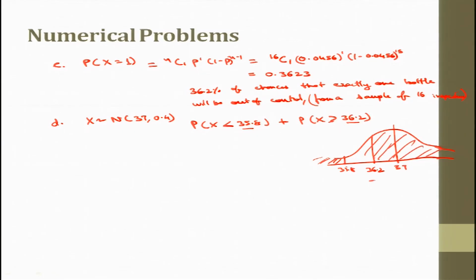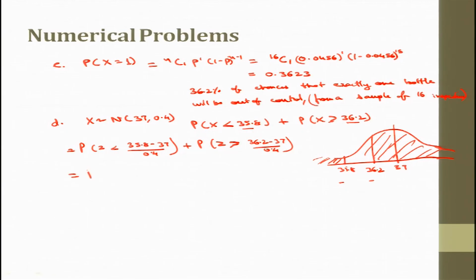Now we are on this side: probability less than this, greater than this, but the z values will be negative. So this is equal to the probability for z less than (35.8 minus 37) by 0.4 plus the probability of z greater than (36.2 minus 37) by 0.4.